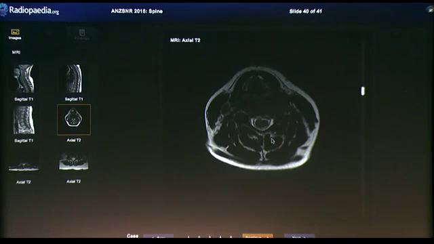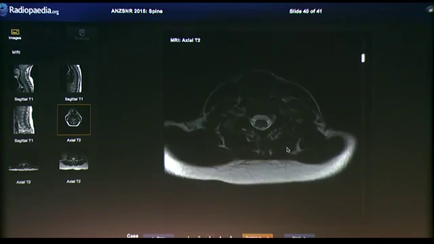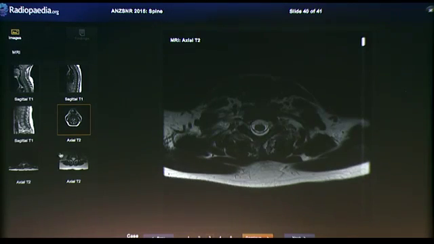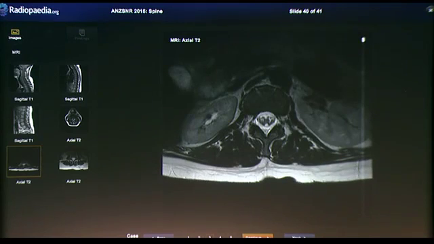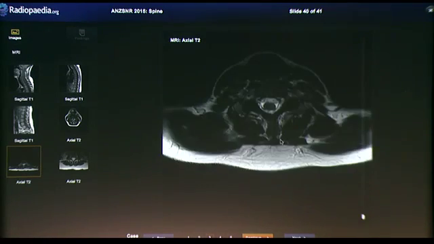So if we look at the T2 axial, you can see the dura, which is outlined on both sides by CSF. And basically extensive extraaxial CSF signal collections.